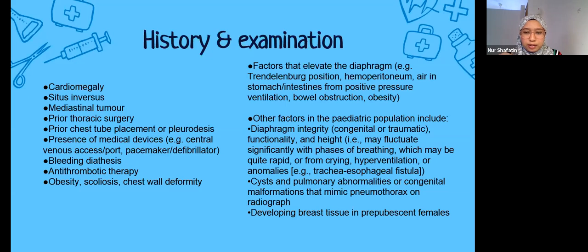Other factors in the pediatric population include diaphragm integrity, whether congenital or traumatic, functionality, and height, which may fluctuate significantly with phases of breathing, which may be quite rapid, or from crying, hyperventilation, or anomalies such as tracheoesophageal fistula. Other than that, cysts, pulmonary abnormalities, or congenital malformations that mimic pneumothorax on radiograph, also developing breast tissue in prepubescent females.